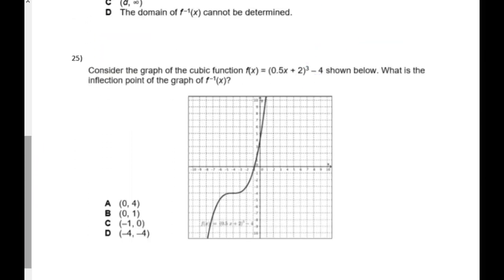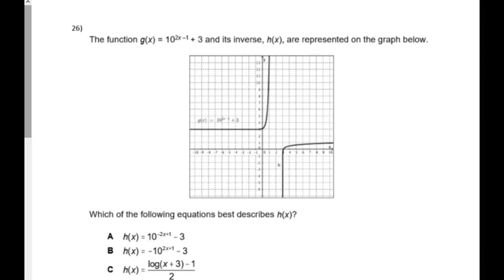So let's just look at the graph on this one. On the graph, we have (-4, -4). So for inverse, switch x and y, but it'll happen to be the same thing, letter D. So again, for inverse, make sure you flip them.